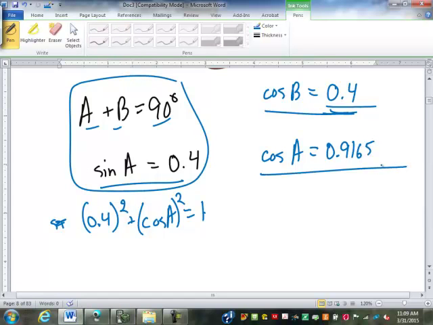Looking good so far? Now from there, what would be the sine of angle B? Sine B and cosine A have to be the same. A lot of little rules to remember there, isn't there? Yes, there is.